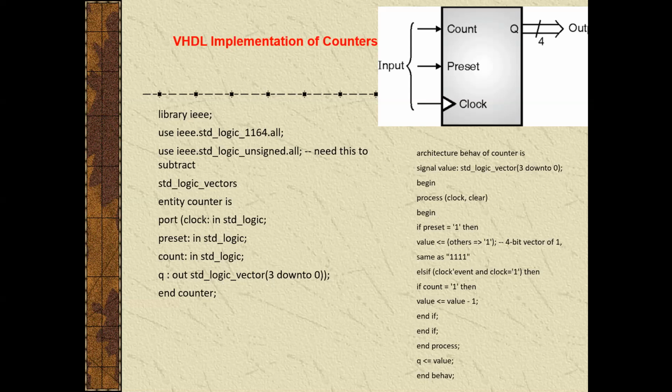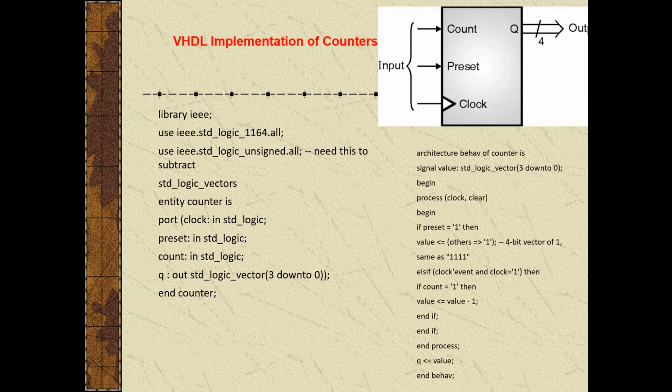Then we begin with the predefined word begin and process on. Because of the behavioral modeling, we have to begin the process, and on what signals the input data will be processed, and how the output will behave.